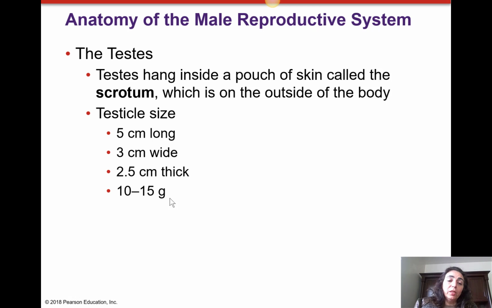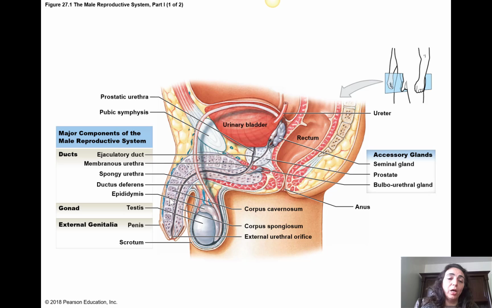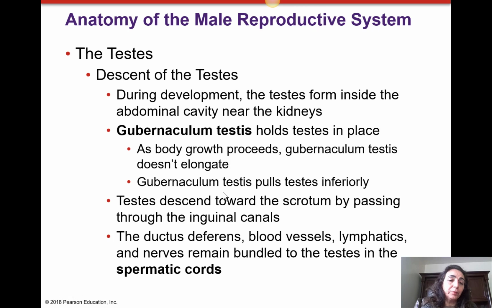And as we said, it's located inside of the scrotum, and scrotum and testes in an adult person are located outside of the body, as we see here, the location of the testes is in the scrotum and outside of the body. Now we have a process for the testes that we call descent of the testes.